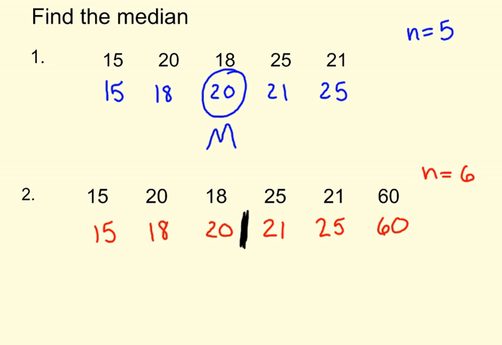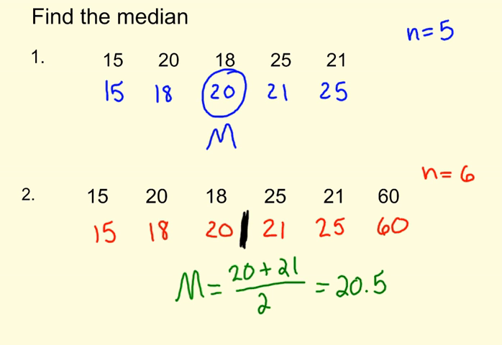I know that is the center because there are exactly 3 data points before that black line and 3 data points after, so the median will be the average of the 2 data points, or in this case, 20.5.